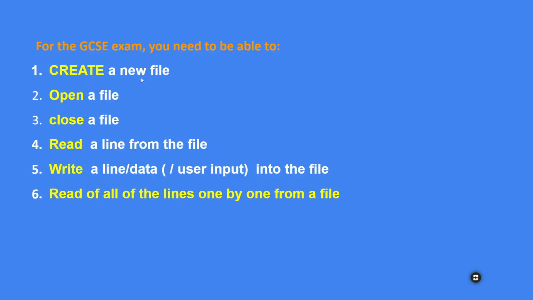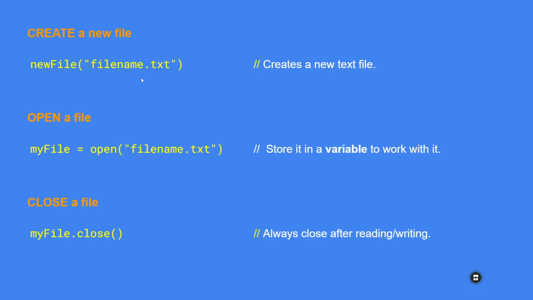So first, say they ask you to create one. How do you do that? To create a new text file, you simply write the keyword newFile. Please look at this: n is a small letter, F is a capital letter. Inside the brackets, you write the name of the file you are creating.